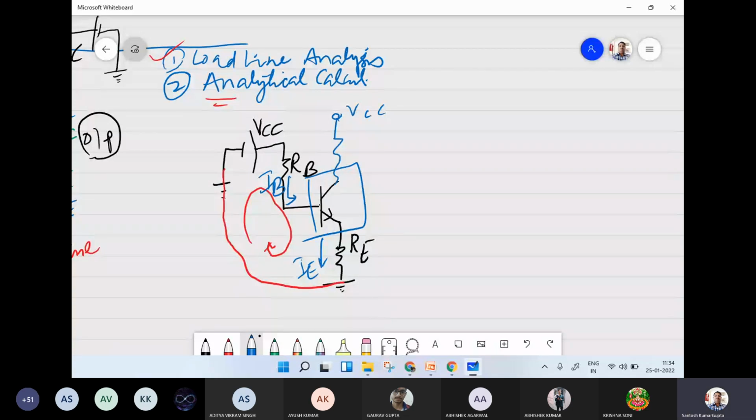That is the biggest difference in the analysis of this kind of circuitry.